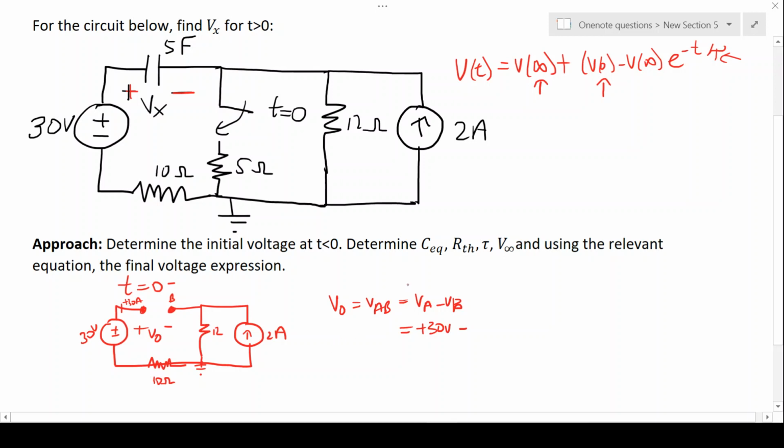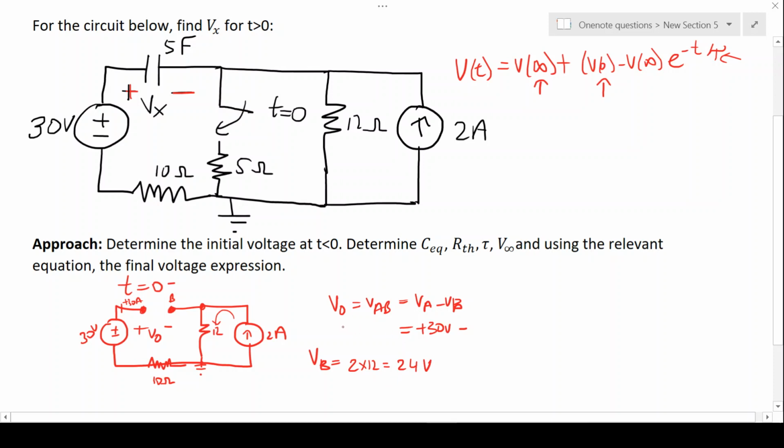What about VB? For us to get VB, we must find the voltage at this point, which must be the current times this resistance, because all of this current will go down there. Nothing will go across. So that will be 2 times 12, which gives you 24 volts.